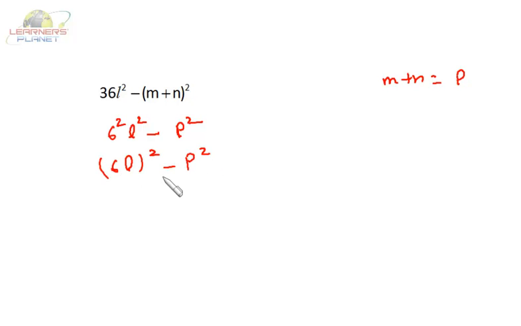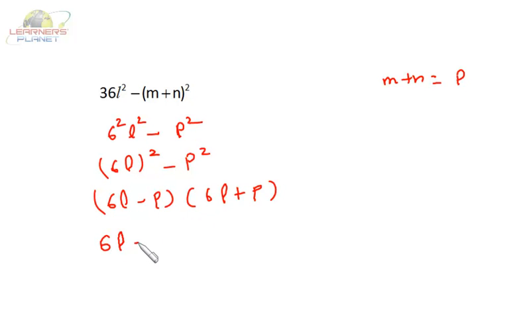Similarly, just keep on moving ahead. 36 is 6 square. It is L square. I assume m plus n to be p. So it's p square. So it is 6L whole square minus p square. So it is 6L minus p, 6L plus p. Now I'm replacing the value of p.